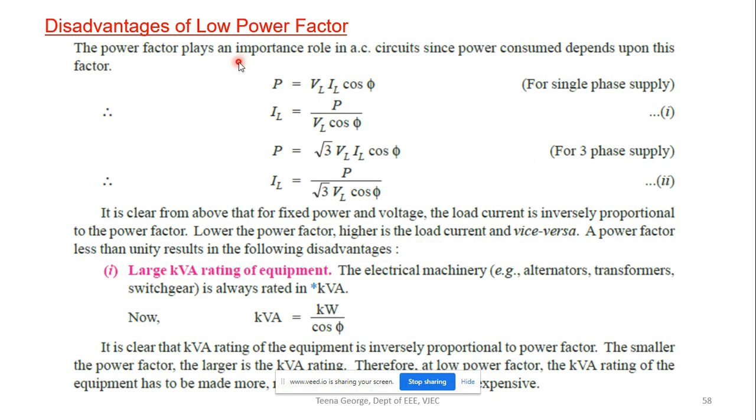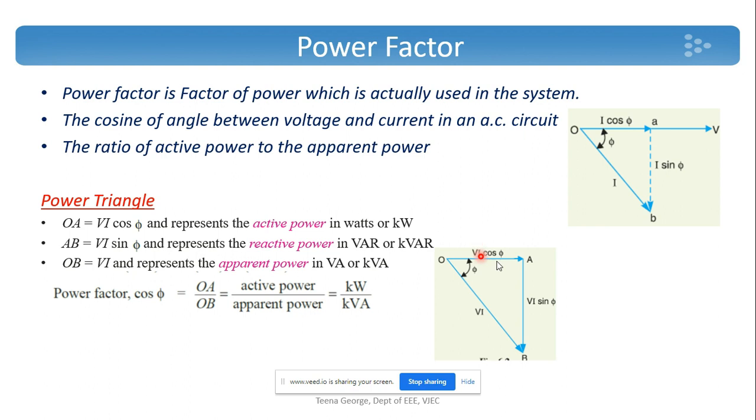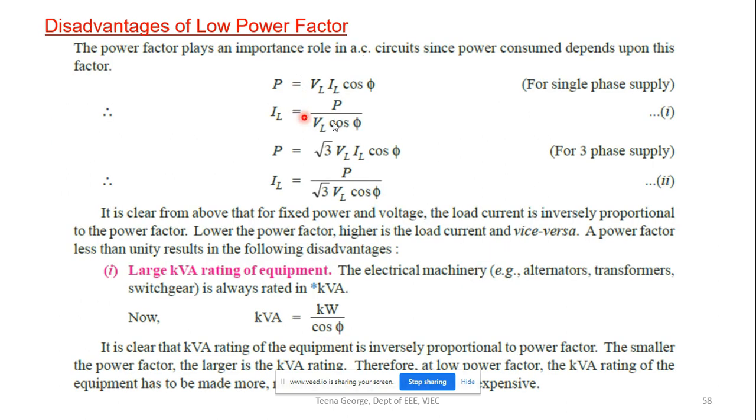Then what are the disadvantages of low power factor? Power factor plays an important role in an AC system. Why? We know that power in an AC system, P equal to VL IL cos phi. The active power which can be used in the system is VL IL cos phi, or IL equal to P by VL cos phi.